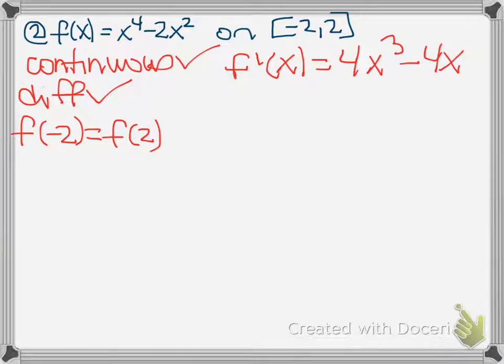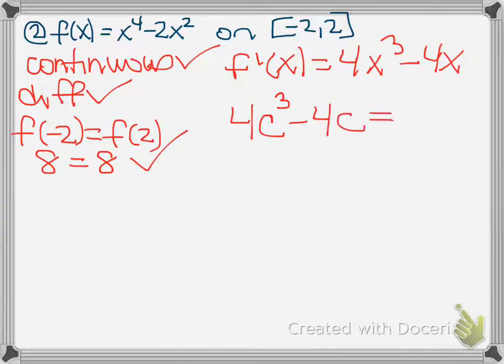Negative 2 to the 4th is 16. Negative 2 squared is 4. Times 2, 8. 16 minus 8, 8. Go again with positive 2. It also equals 8. Check yes, all 3 prerequisites are met. What does that mean? Well, there exists some C such that our derivative equals 0.